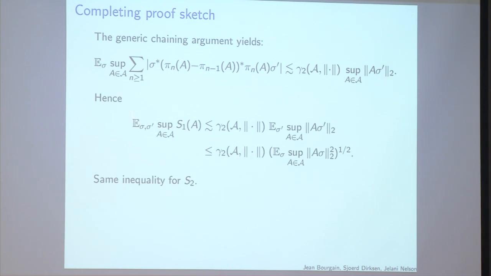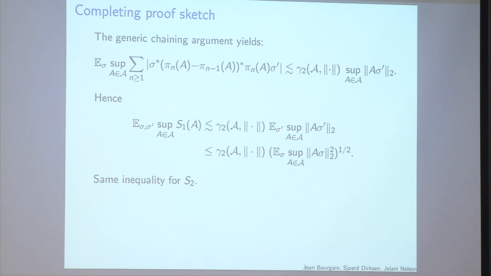Now we're going to take the expectation with respect to sigma prime on both sides. Then we get this here. We simply estimate the expected sup of A applied to sigma prime by the L2 norm. This is simply Jensen's inequality.